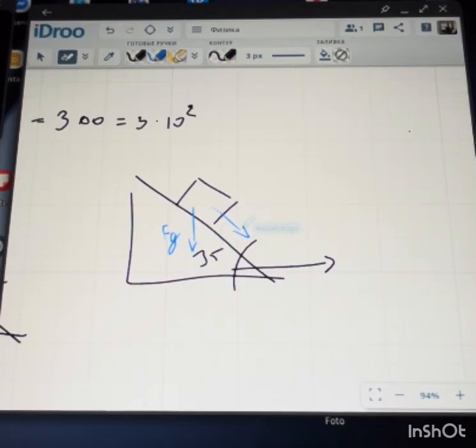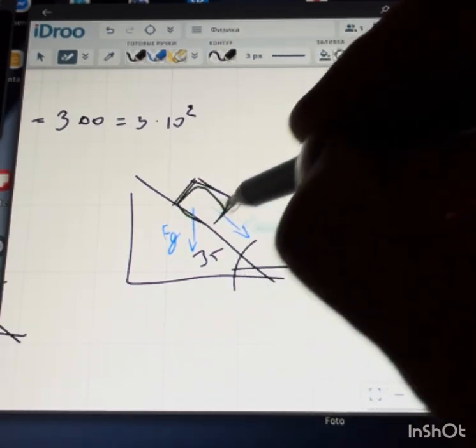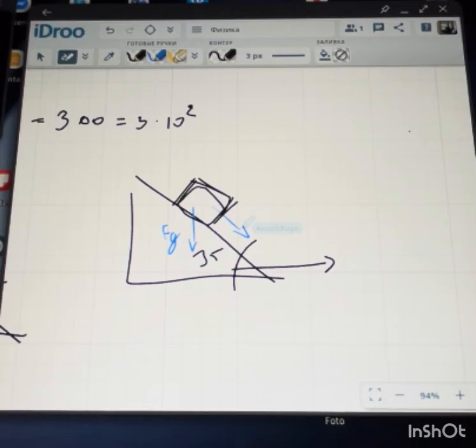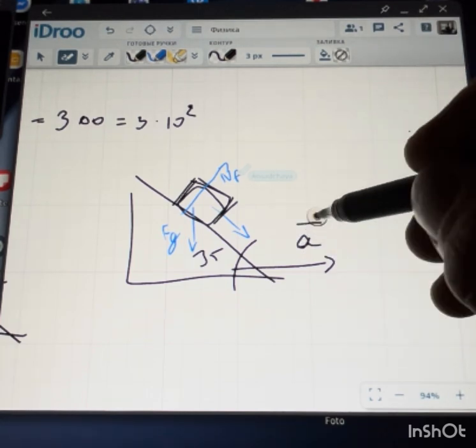So the wedge is accelerating. Gravity is acting on the block. Is that all for the free body diagram? Yeah, because there's the normal force. Mm-hmm. And what else? This is an acceleration going that way.